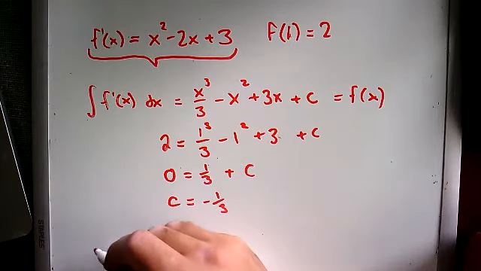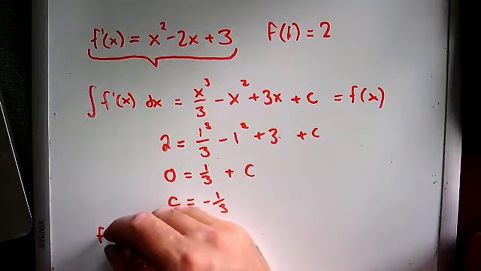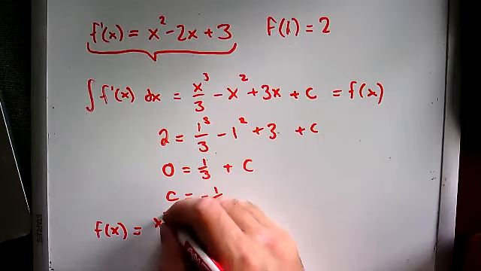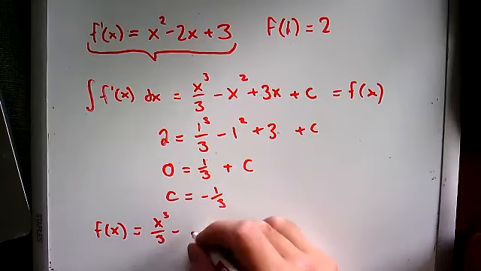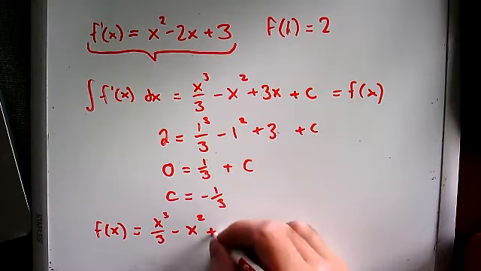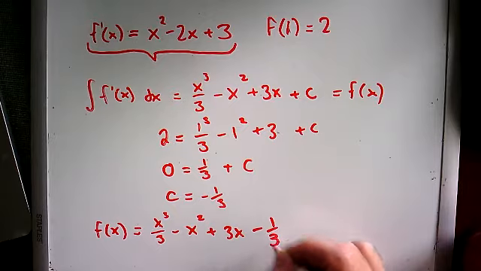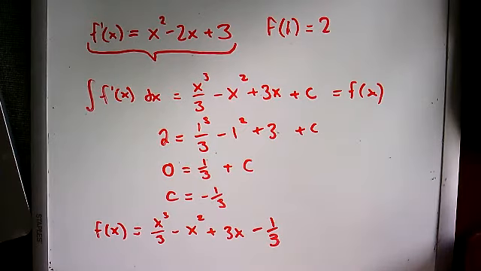Last thing I need to do now is just write my definition for the function. So f of x equals x cubed over 3 minus x squared plus 3x minus 1/3. And that should give us what we want here.